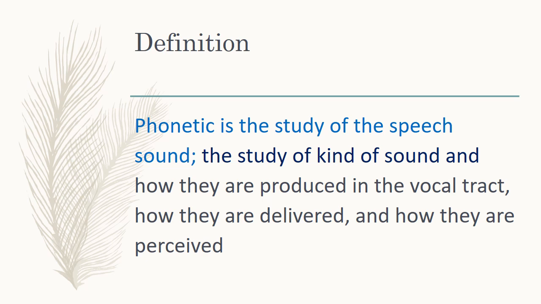Then you are going to learn how those sounds are produced in the vocal tract. So, bagaimana bunyi itu diproduksi di speech organ? The vocal tract is the human speech organ that you are going to learn in the next lessons.